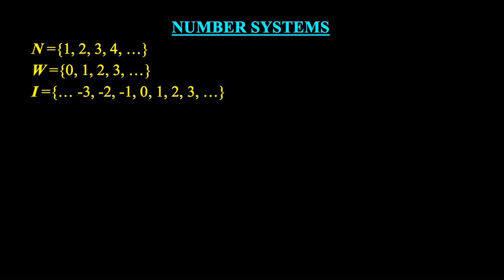Now, the next major set of numbers can't be listed the way we've listed these numbers, left to right without missing any. They're what we call the rational numbers.